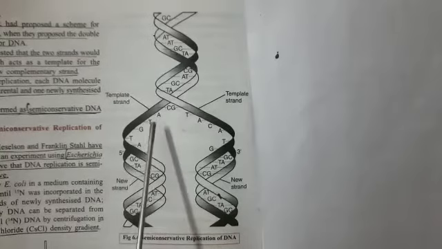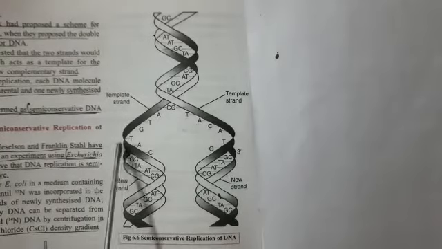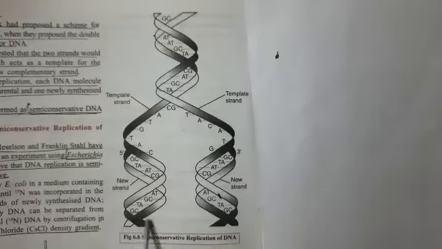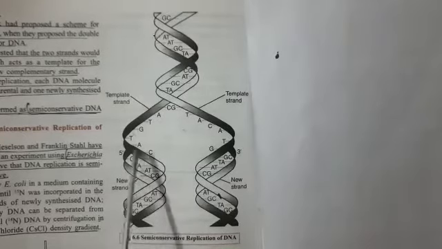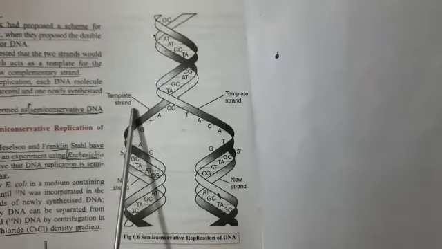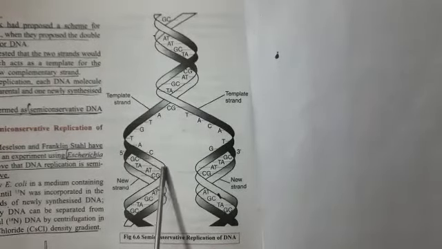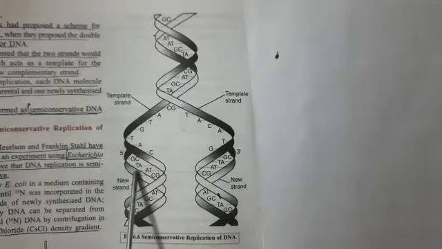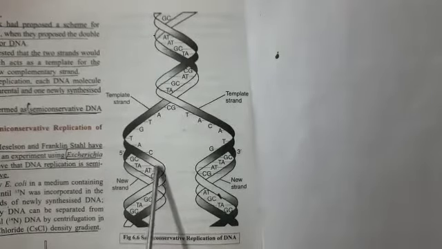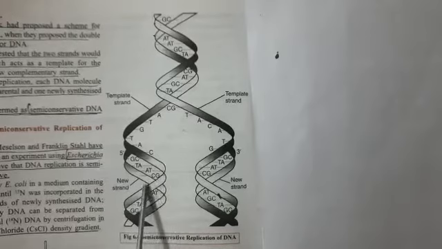Just see that when it unwinds, this strand acts as the template strand, and this one is known as the newly synthesized strand. So when there is one old and one new, this mode of replication is semi-conservative.